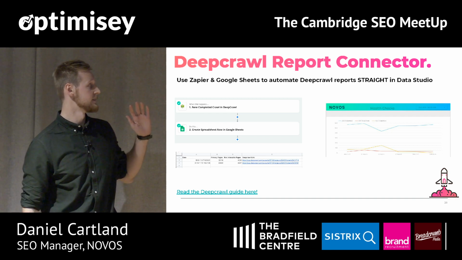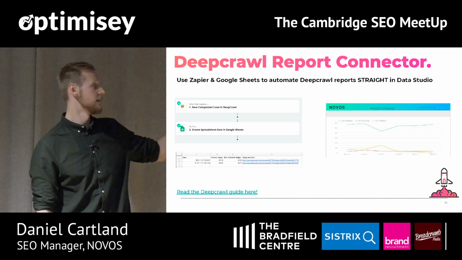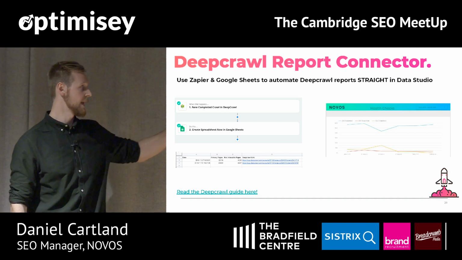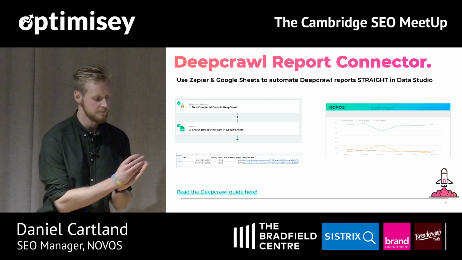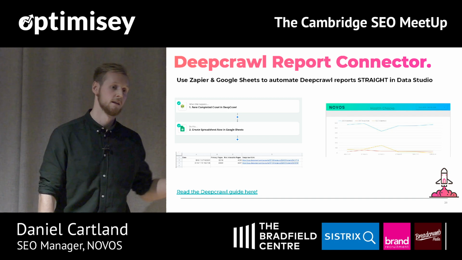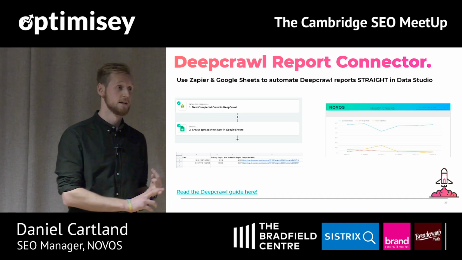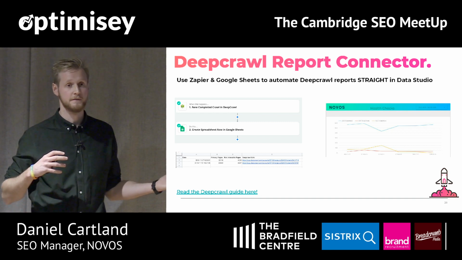What I've used is Zapier, and I've said every time a new crawl completes for a particular website, it will update a new row in Google Sheets. I've connected my Google Sheets to Data Studio, and so I can pull through data such as the number of pages that are resolving on the site, the number of pages that are redirecting, the number of pages that are resulting in 404 errors. And I can plot this over time.